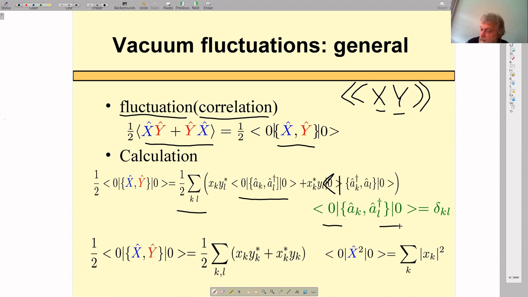Anyway, for vacuum state, not for arbitrary state. For arbitrary state, it would depend on the number of particles, but for vacuum state, one can show that it is not zero only for k equals l.